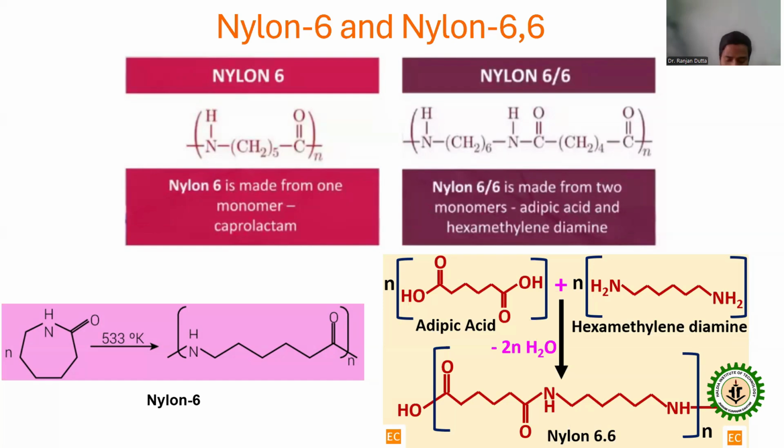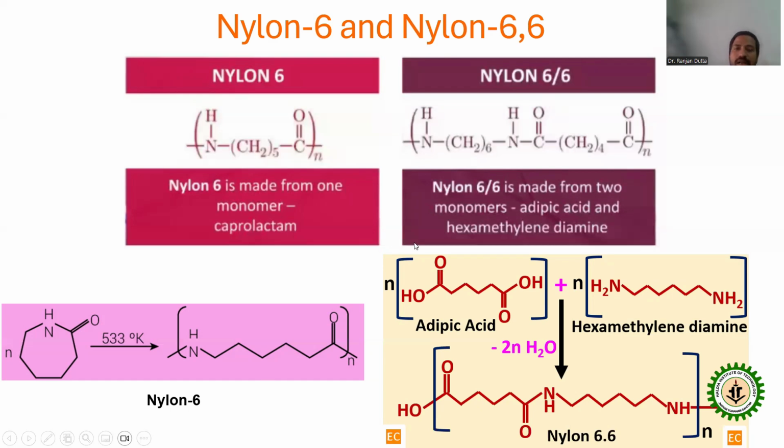They are widely used in the textile and plastic industry. First we will discuss nylon 6, which is prepared from only one monomer. The monomer used here is caprolactam. Ring opening polymerization of the cyclic amide produces nylon 6.